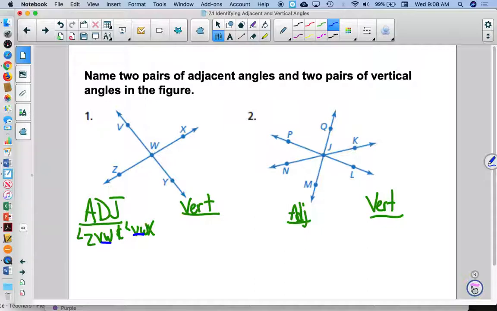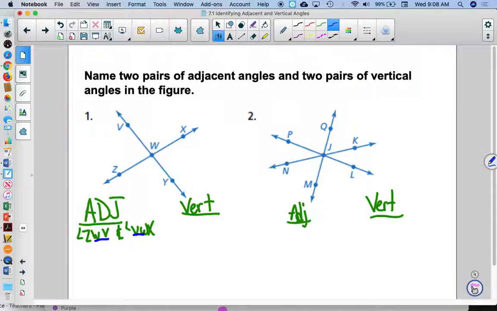So you wrote the first angle wrong. It's VWB, not VW. It's still right. Yeah, I agree. Put your vertex in the center, okay? ZWB. Okay, Savannah?